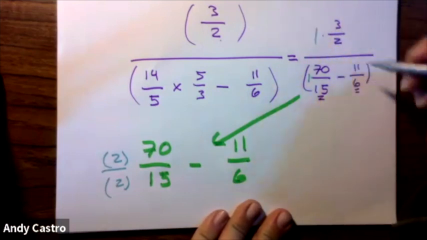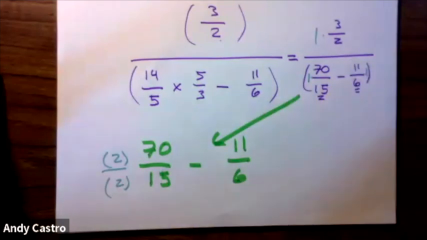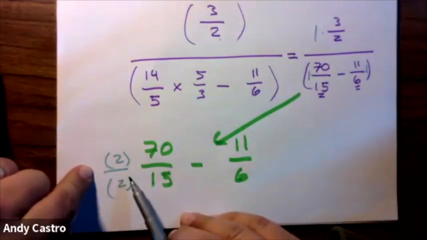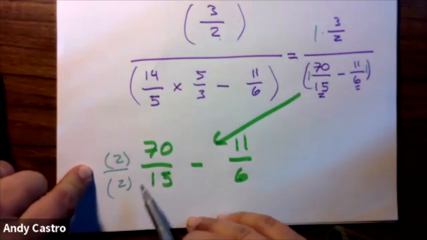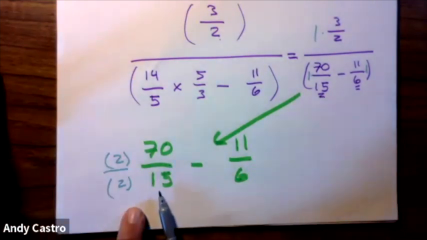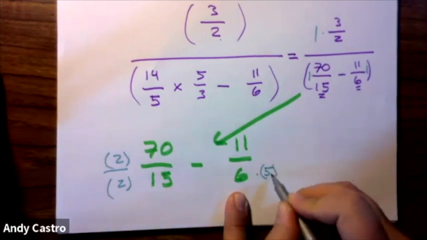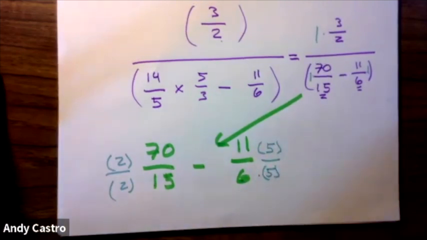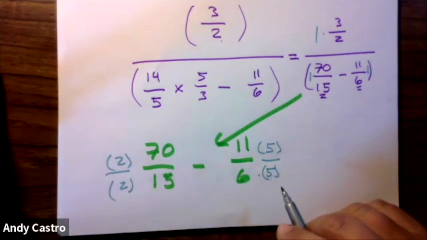I can multiply 1 times that. I can multiply 1 times this. And it gives me back the exact same thing. I haven't changed anything. So all I'm doing is I'm using the number 1, but I'm expressing the number 1 as 2 over 2. And I'm doing that specifically because that's going to give me 30 in the denominator. Here, I want to multiply that 6 times 5. In order for this to be 1, the numerator also has to be 5. So 5 over 5 is 1.